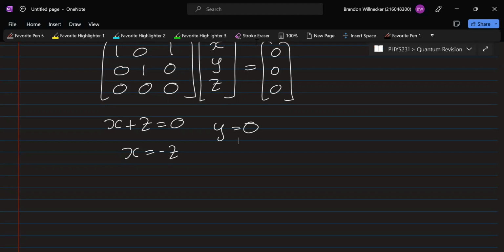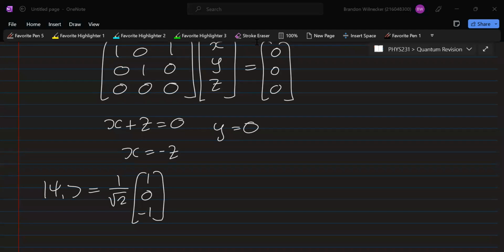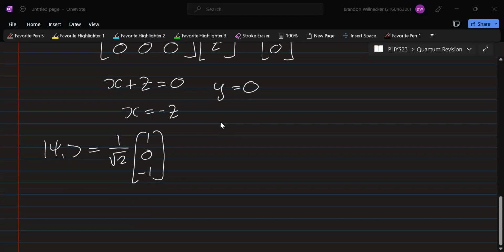So for our first eigenstate, psi 1 is equal to 1 over root 2 times (1 for x, 0 for y, -1 for z), with the 1 over root 2 such that this vector is normalized. Okay, so the length of the vector has to be 1.